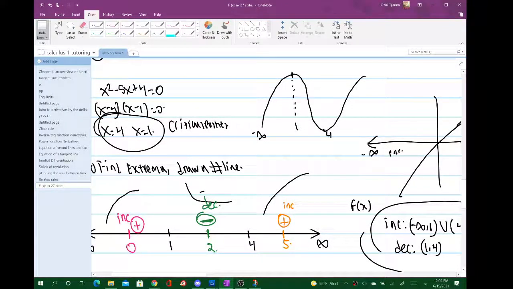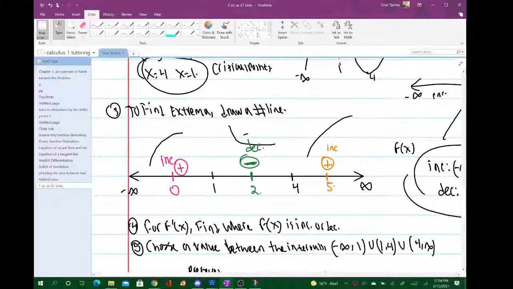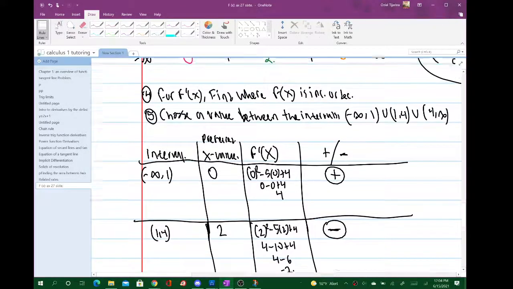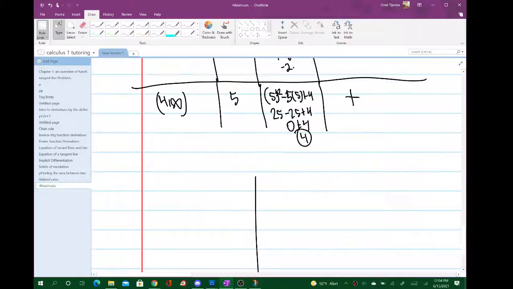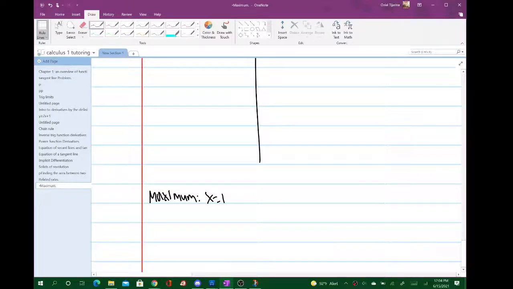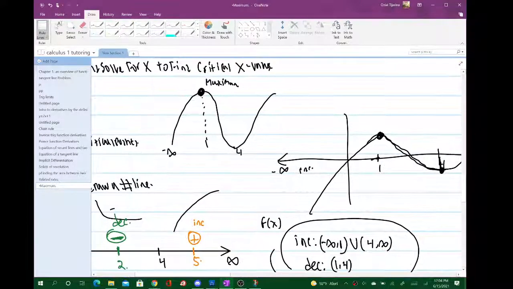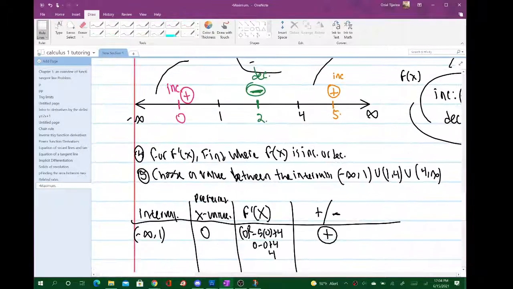So here we have a maximum between negative infinity and 1. The maximum is going to be located at x equals 1.